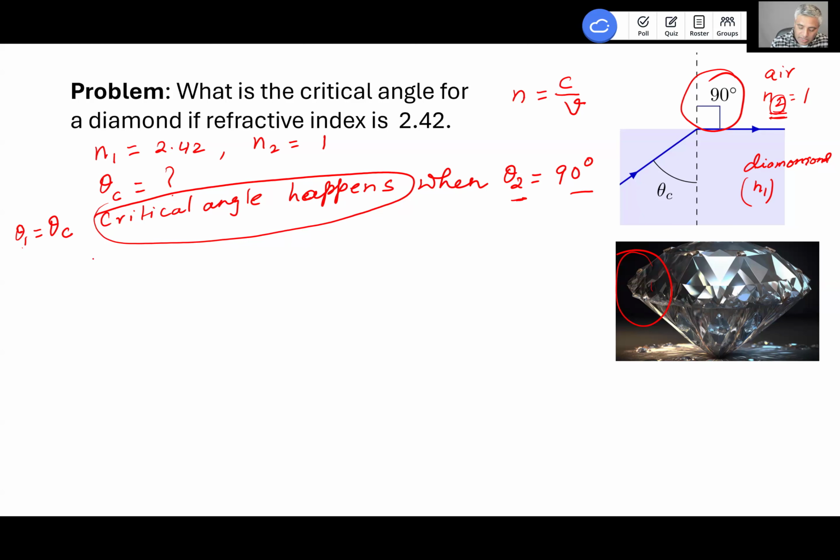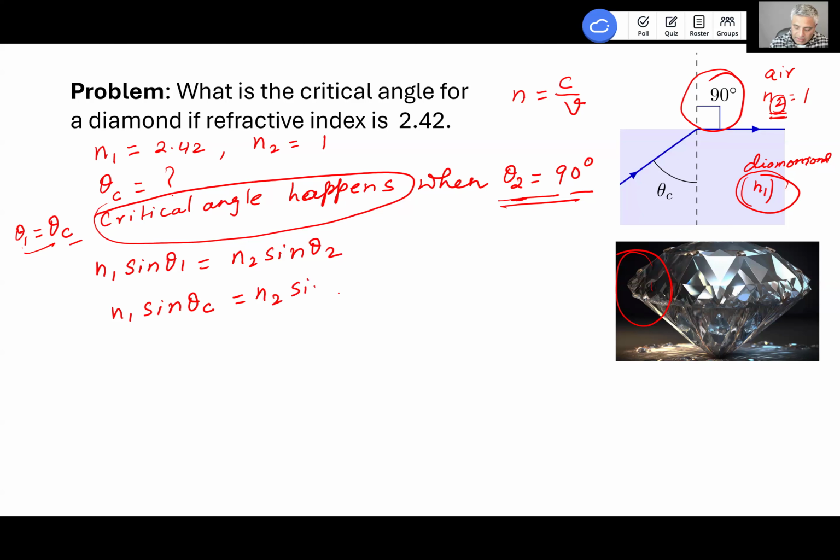So now we are trying to solve for critical angle, and it's happening on the N1 side. So I'm writing N1 sine theta 1 is equal to N2 sine theta 2, just like we did in the last slide. N1 sine theta c. So when is theta 1 theta c? Whenever theta 2 is 90 degrees.